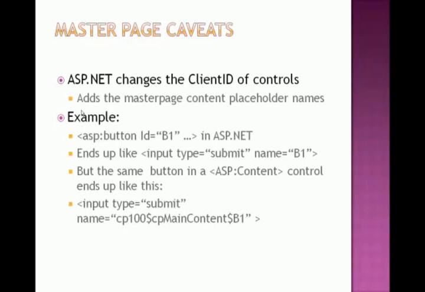However, the names would change, and when you're writing JavaScript and client-side programming referring to the client-side IDs, you need to make sure that you understand how ASP server controls change these IDs, and use the changed IDs within the code that you create.